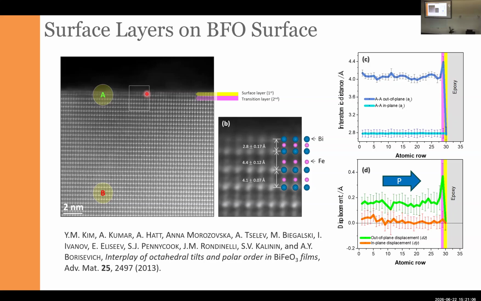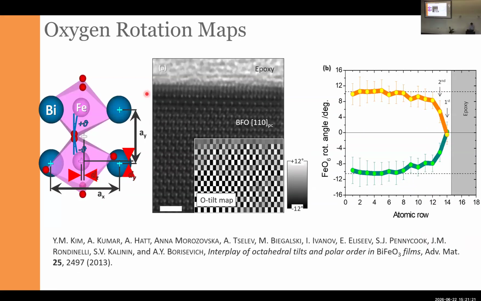So I cannot say that this mechanism and that mechanism are the same, but I do know that the surfaces of these materials have a proclivity for changing chemical composition on the atomic level. And the great thing about STEM is that it can be detected.